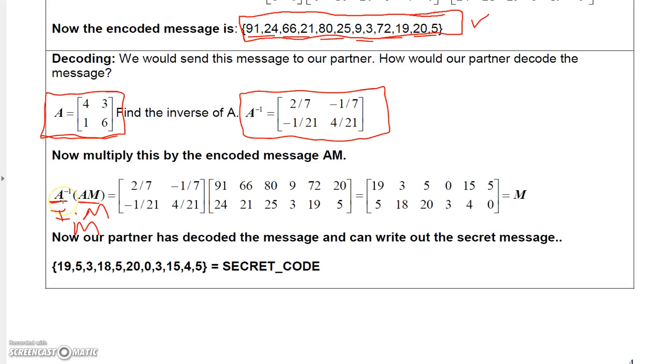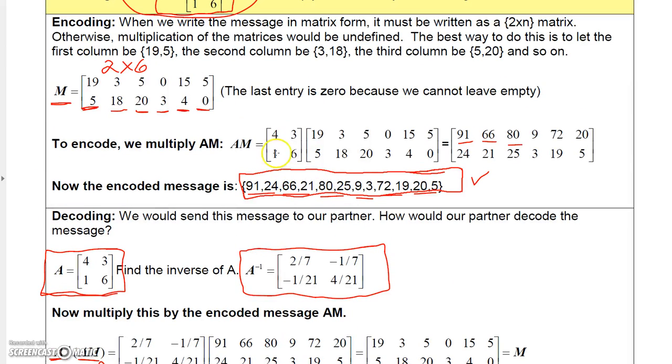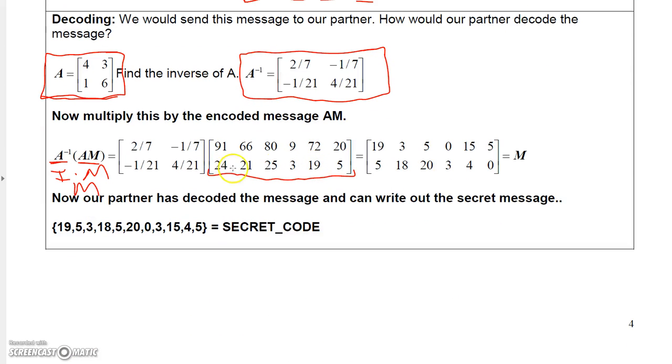So basically, multiplying A inverse times this matrix that I called AM up there, this matrix here is AM. If I multiply the inverse times that matrix, it's going to unscramble the message. And you can check this yourself, but if I multiply this row by this column, it should give me 19.